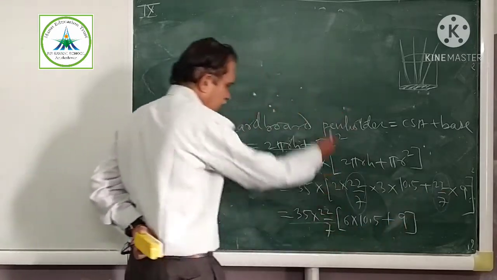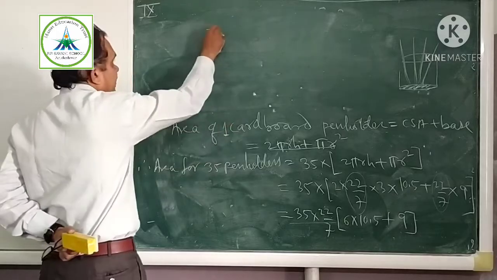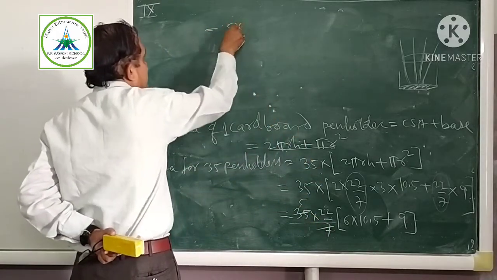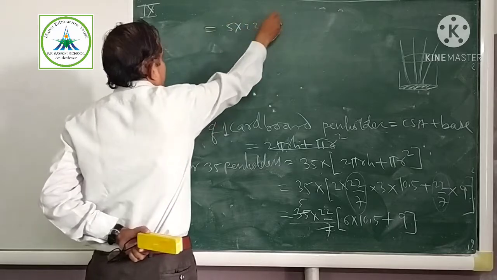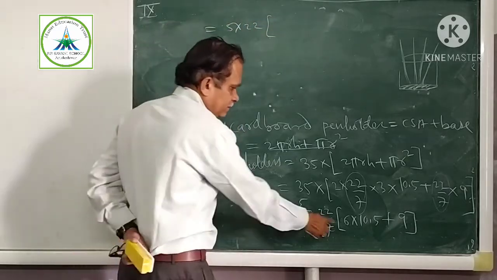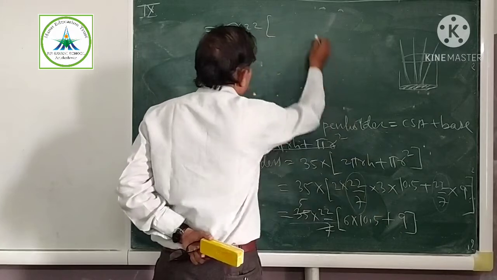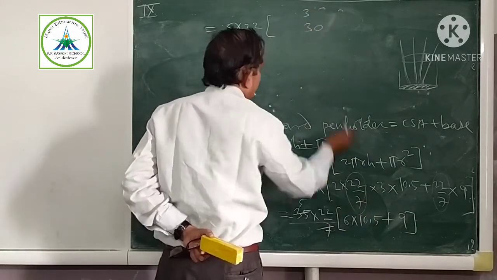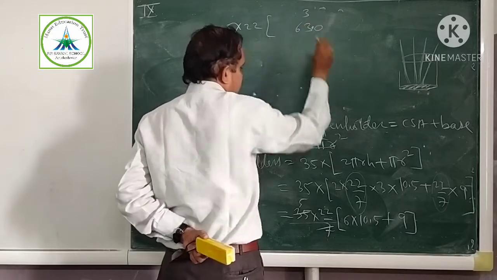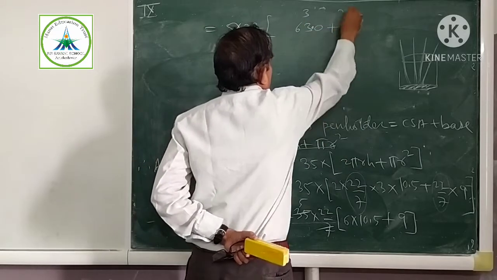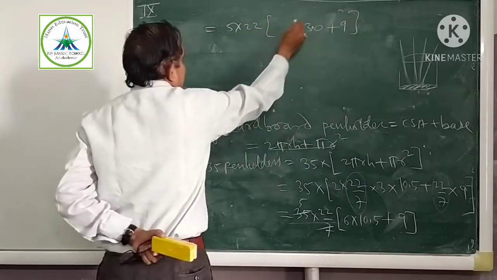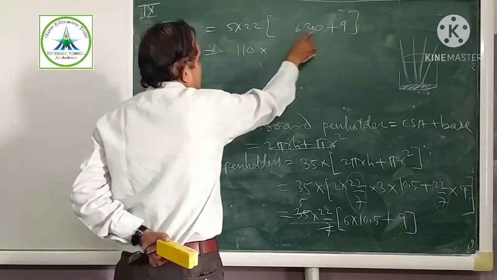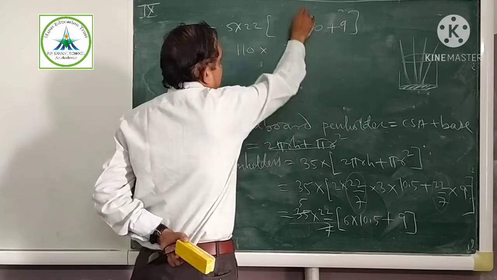Now see, 7 and 35 cancel. So 5 multiplied by 22 into the bracket. 6 multiplied by 10.5 is 63, plus 9 is 72.